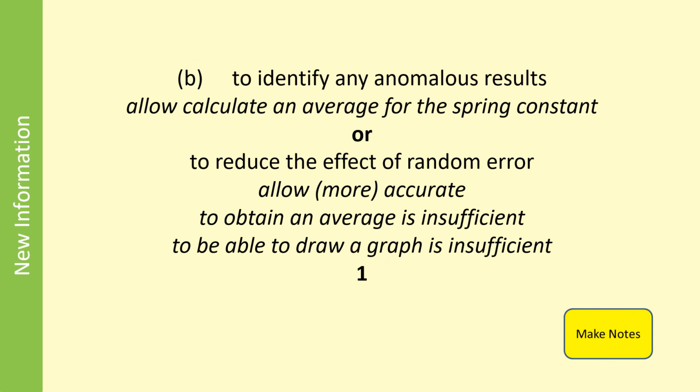And the answer to that is so you can identify any anomalous results or to calculate an average for the spring constant. The point here is if you only do the experiment once and you make a mistake on it, then how are you going to know that you've made a mistake? If you do it a number of times, you will be able to spot the anomalous result.